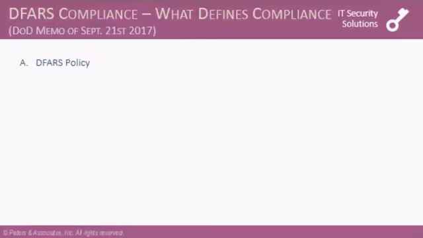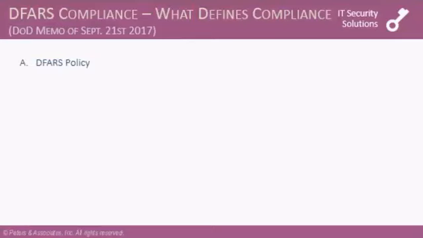So again, it's not an IT exercise. It's really almost more of a policy exercise. We absolutely want to look at the technical controls that are in place relative to NIST 800-171, but the compliance portion is largely documentation based. So Bruce will talk about the first set of documentation right here, the DFARS Policy.